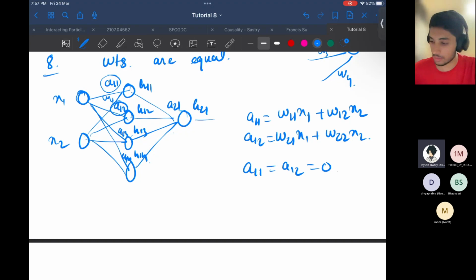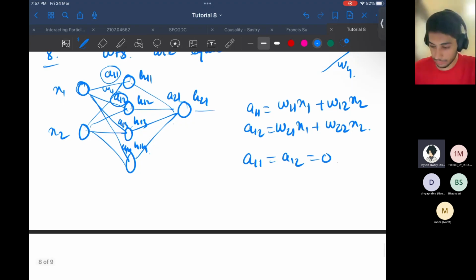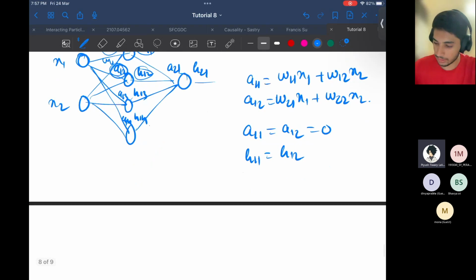If a11 and a12 are equal to 0, what are h11 and h12? If I apply some activation function sigma on a11, I get h11, and if I apply the same activation function on a12, I get h12. Since a11 and a12 are both 0, h11 should also be equal to h12. I hope this is clear.